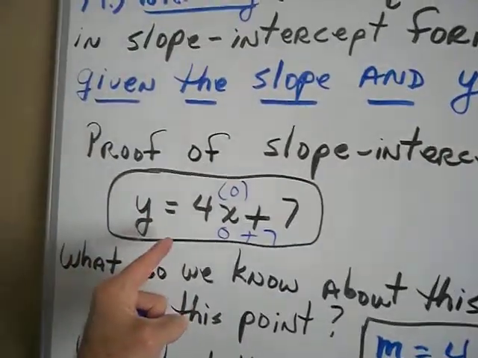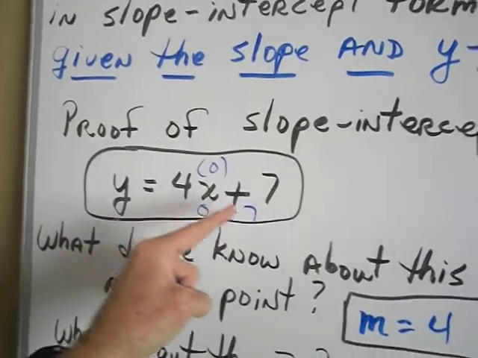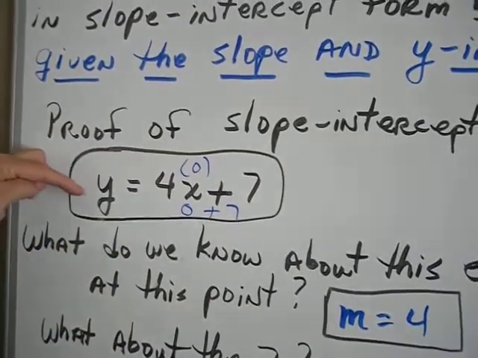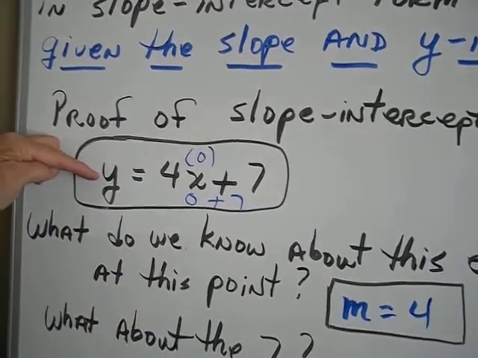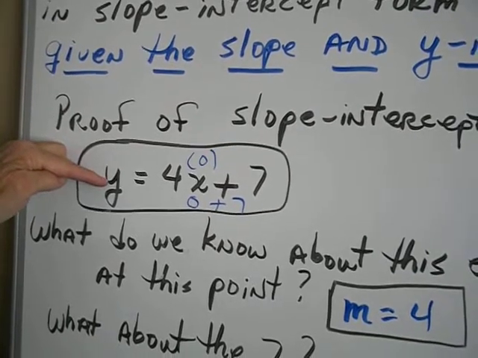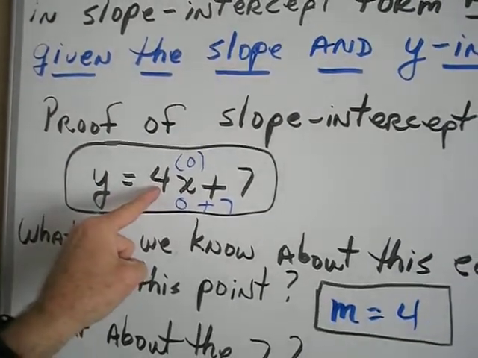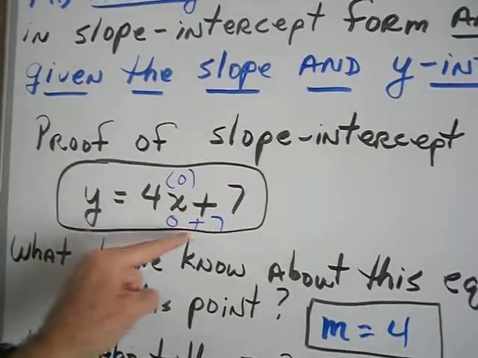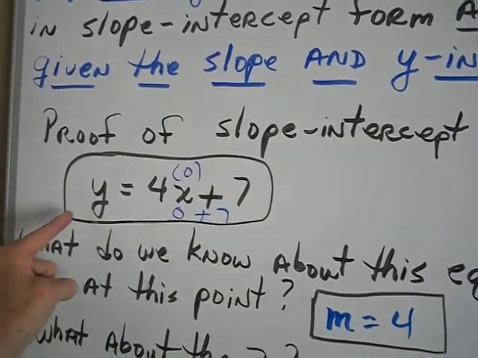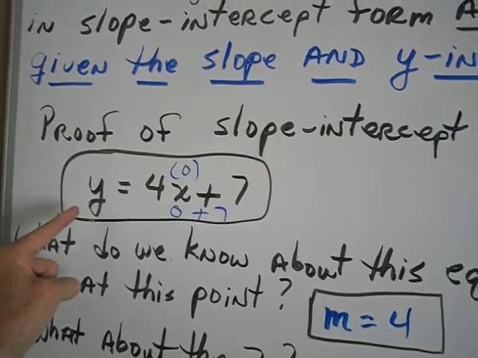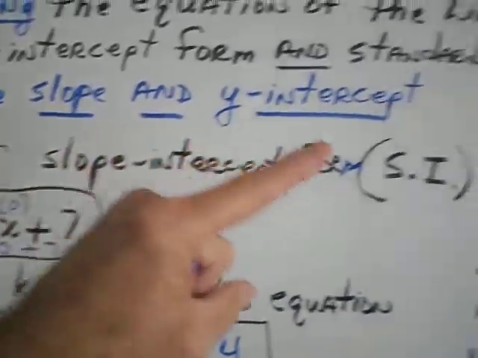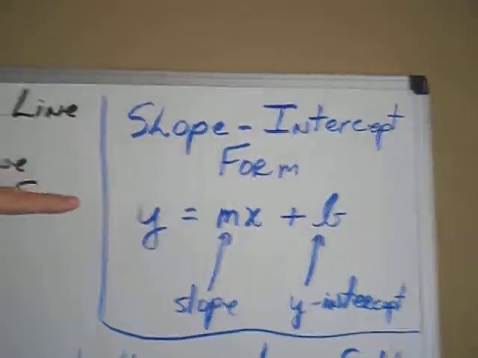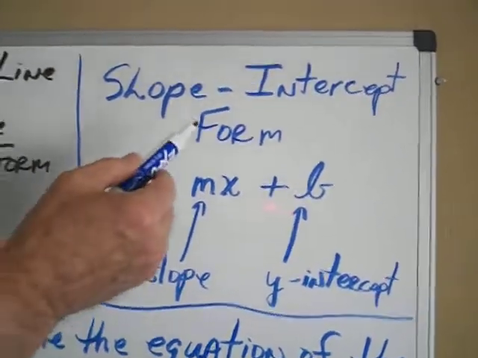The slope-intercept form for the equation of a line is any equation that is solved for y. Slope is 4, y-intercept is 7. We have this equation already written in slope-intercept form. So now we're going to look at the algebraic format for the slope-intercept form.